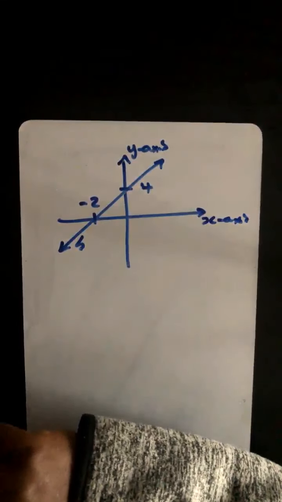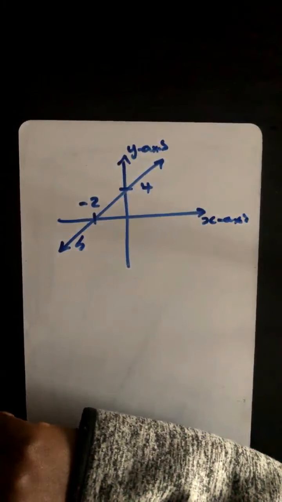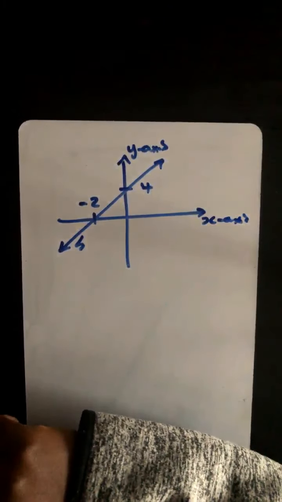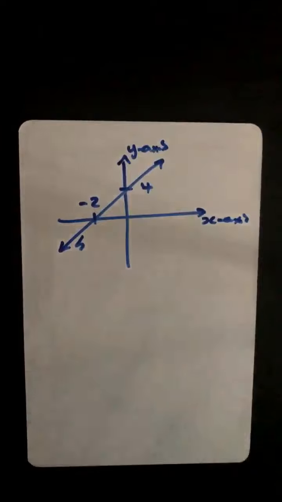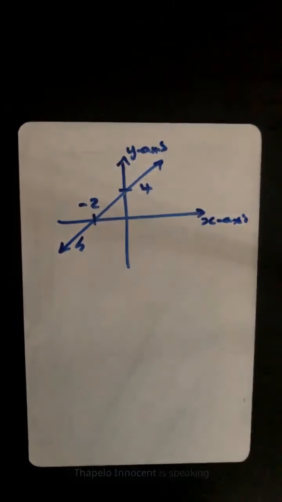So my first question is, for the graph of h, are we having a negative or a positive gradient? Tapelo, sir. I think we're going to have a positive gradient.